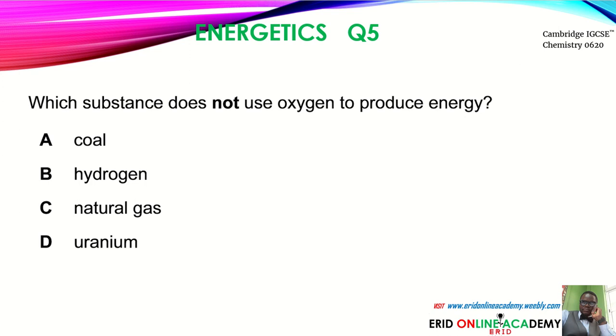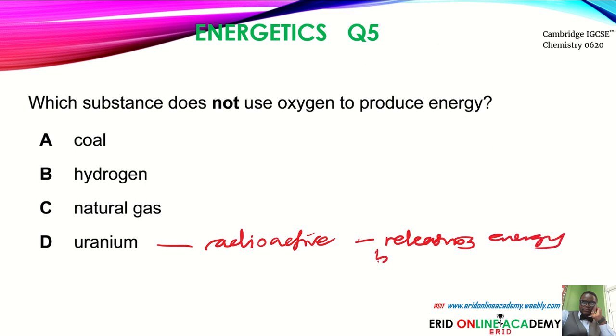So the correct answer here, banking on the previous questions that I've explained, will be uranium. Uranium is radioactive, so it releases energy by nuclear reaction, so it does not require oxygen.